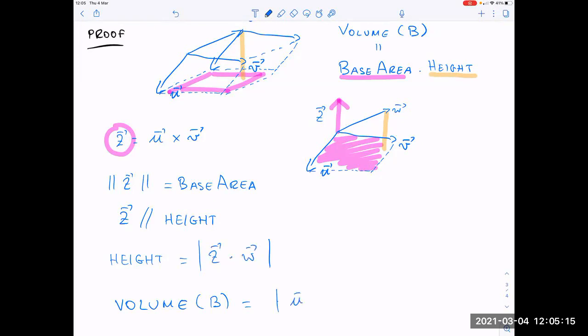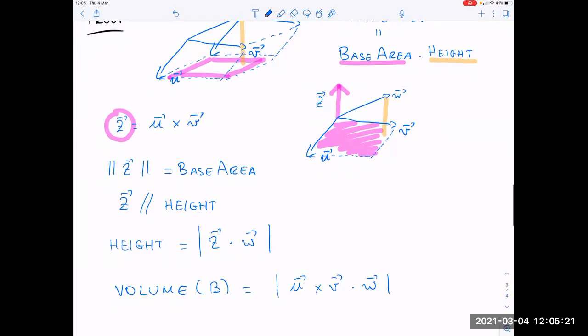So it is U cross V dot W. So this is what we get in this situation, right? This is what we get in this situation. And here is the volume of what we want to produce.